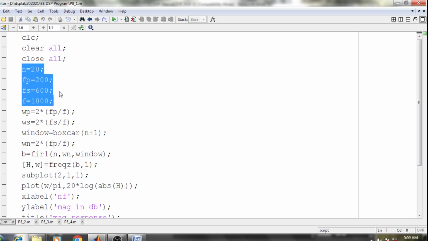Here Fp is the passband frequency, Fs is the stop band frequency, N is the order of the filter, and F is the total frequency. Now we will calculate the passband omega and stop band omega.